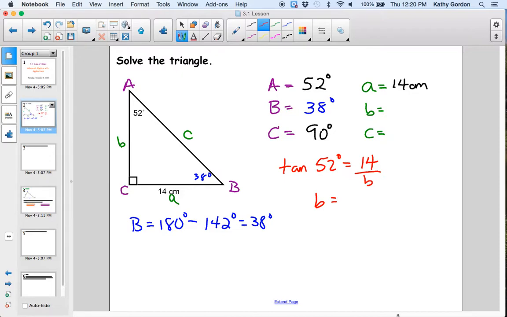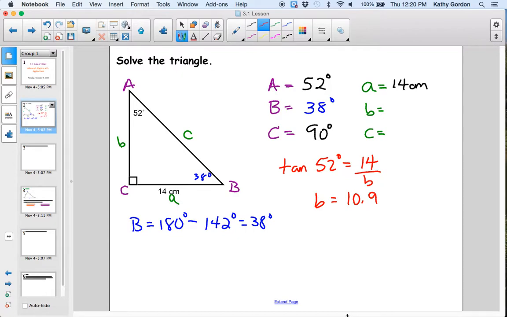If I was going through the actual steps, I'd have to multiply the B to the other side, and then I'd end up having to divide by the tangent of 52. So 14 has to get divided by the tangent of 52. So anybody got it? 14 divided by the tangent of 52? 10.93. 10.93. 8. 7.